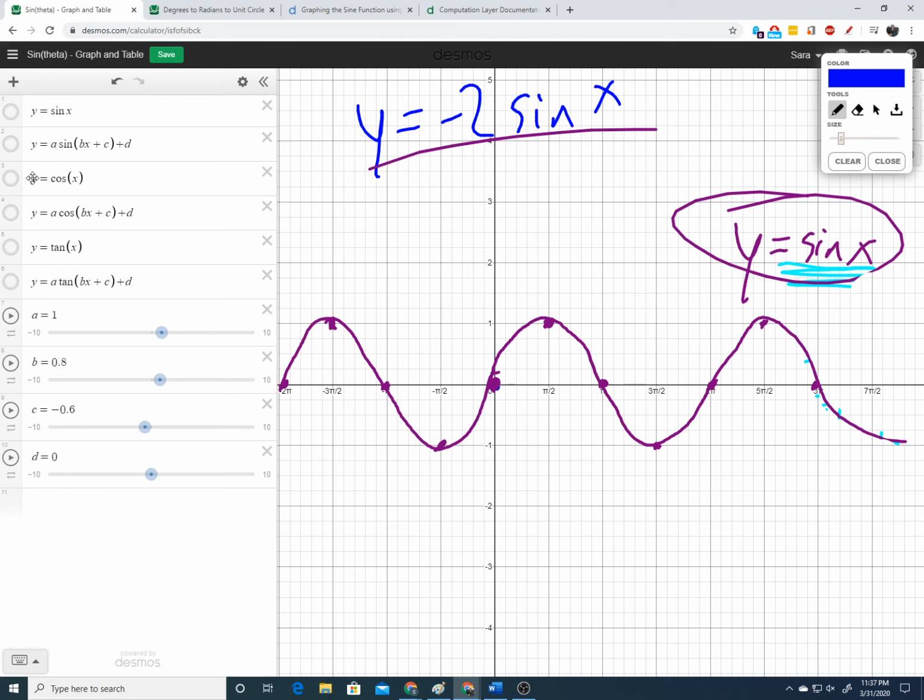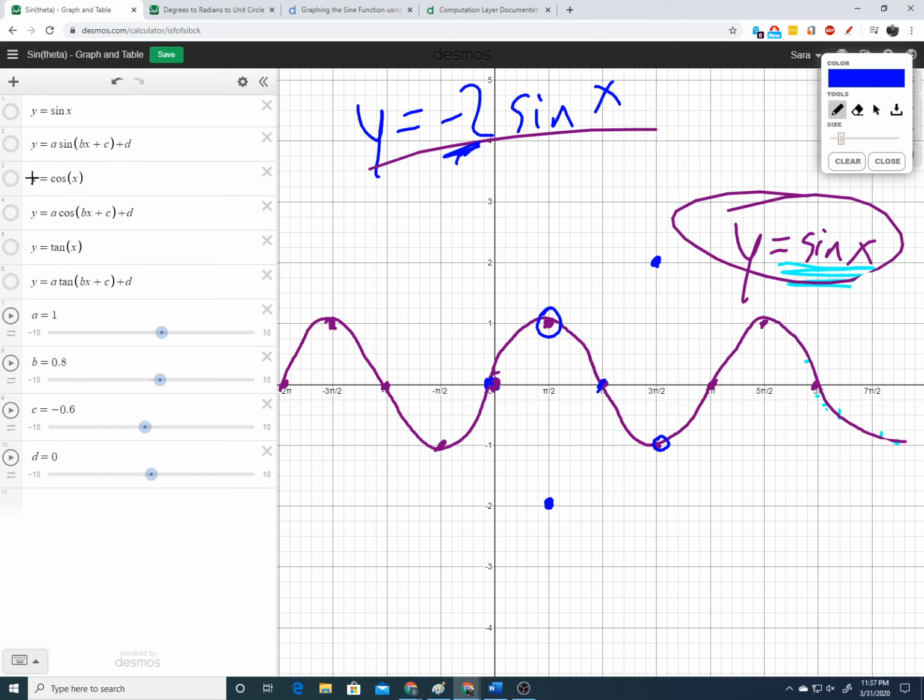Okay, so if you have an amplitude of -2, but you're flipped upside down, that means that this point right here, instead of being a maximum of 1, now is going to be a minimum of -2. This point that was a minimum of -1 now will be a maximum of 2. And very conveniently, -2 times 0, because the sine of pi was 0, is still 0.